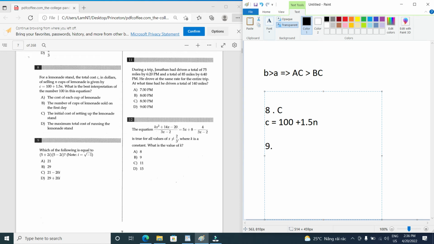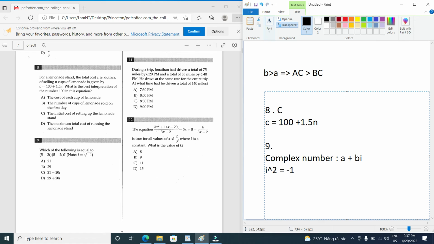Number 9. Number 9 is an exercise about complex numbers. Complex numbers are actually very straightforward. It's a number which has the form a plus bi, with the rule that i squared is equal to -1.